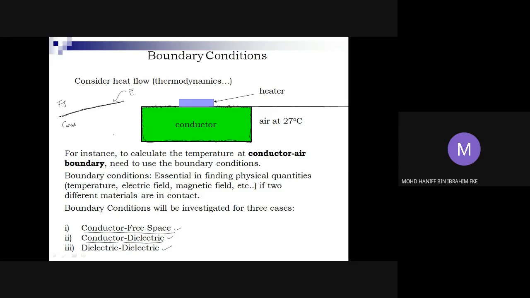So we can use the boundary condition equation to find the electric field at the boundary between the two mediums. The same thing applies if you have a boundary between a conductor and dielectric, or between dielectric and dielectric. That's why we have 3 different boundary conditions to be investigated for this particular case.